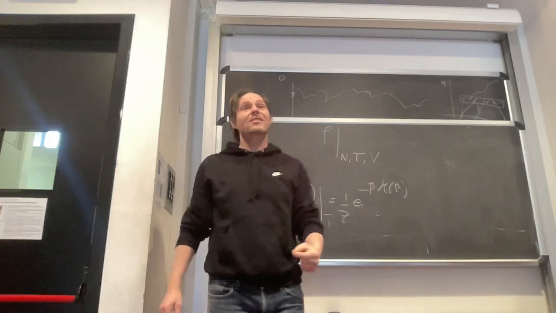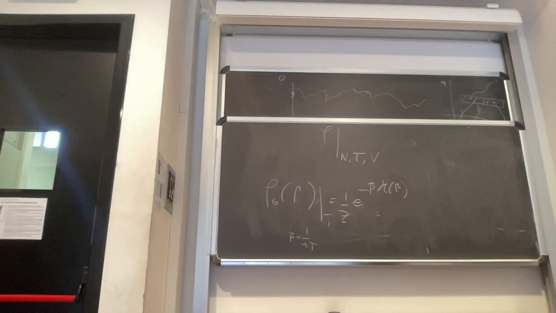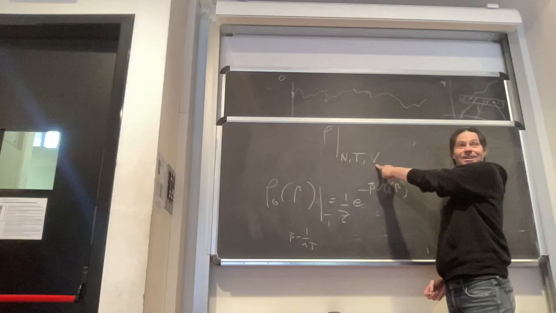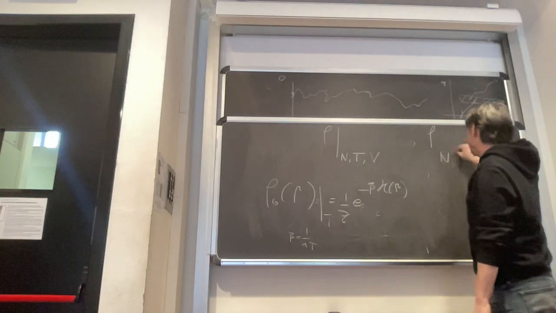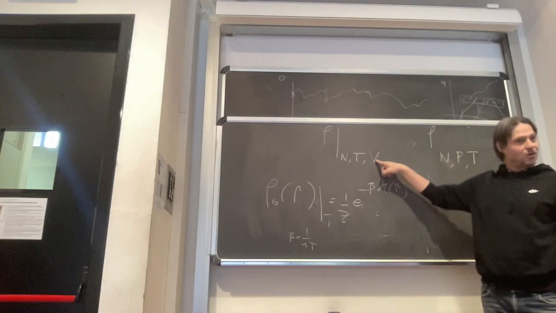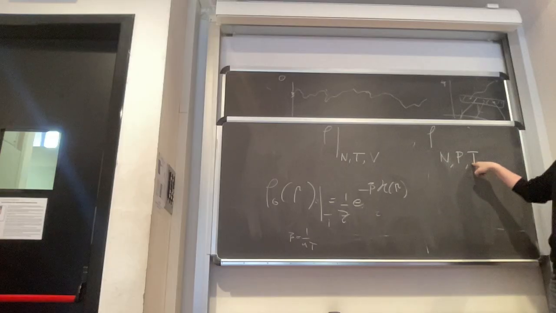But we might be interested in setting the pressure to a particular value because, hey, we live at 1 atmosphere. So we might give up some of these coordinates for the pressure. So the other ensemble we might be interested in studying is the NPT ensemble, where we give up fixing the volume, as a matter of fact, but we fix the value of the pressure.